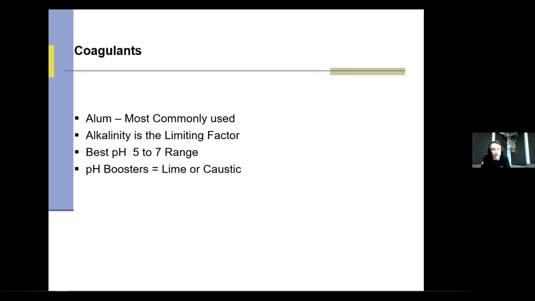They still work well, just not as well as they were. So they like that 5 to 7. And sometimes if you can't be in that range, if you're too low, you're going to have to use some pH boosters and pH adjusters, like a lime, to make it a bit better, or you're going to have to reduce the pH a little bit. And you can use CO2 or some sort of acid to do that.